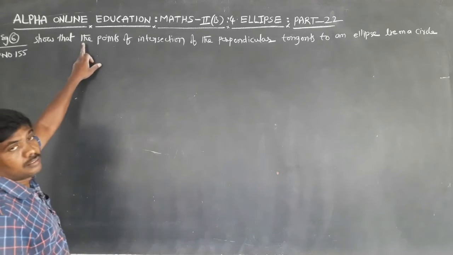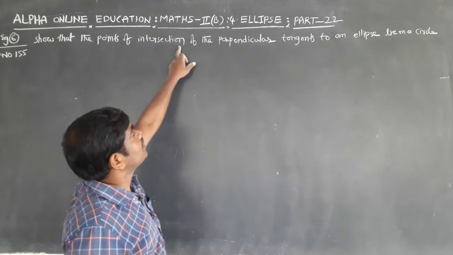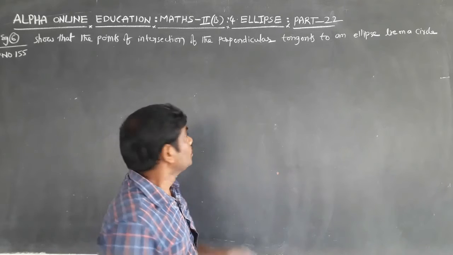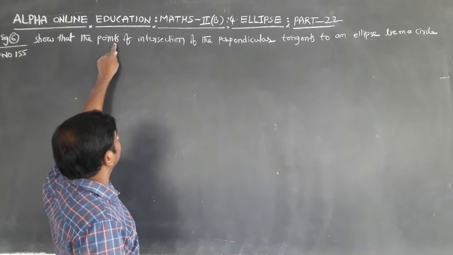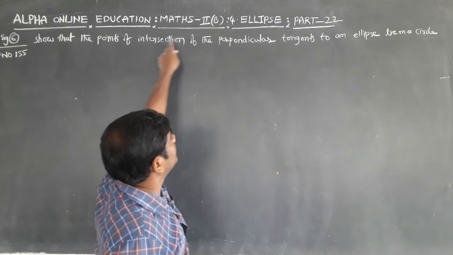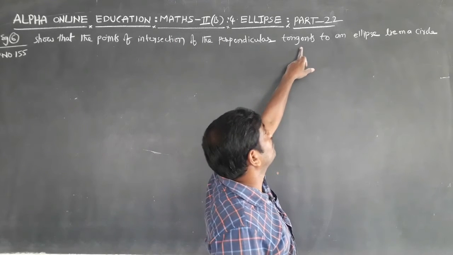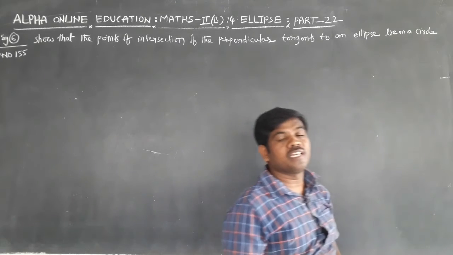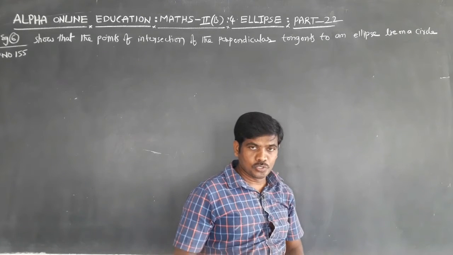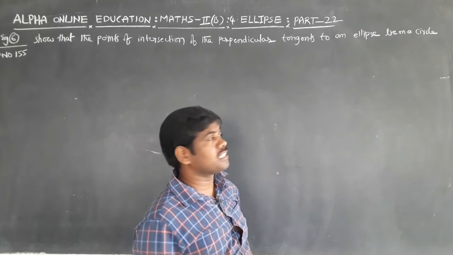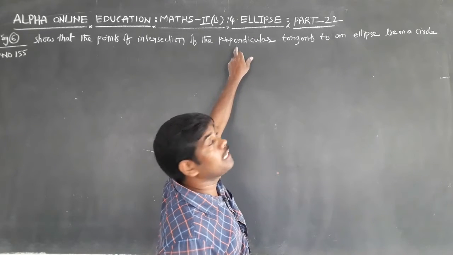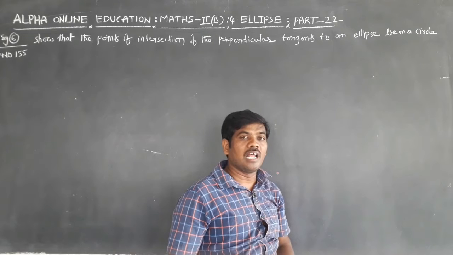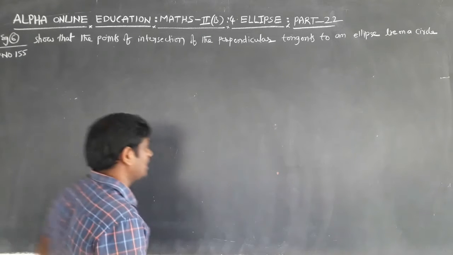Show that the points of intersection of the perpendicular tangents to an ellipse lie on a circle.